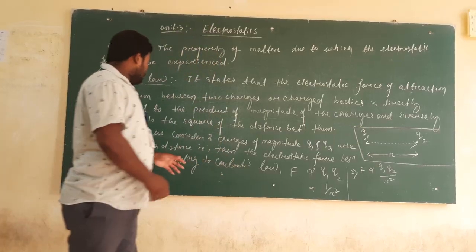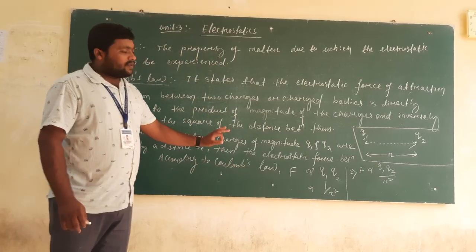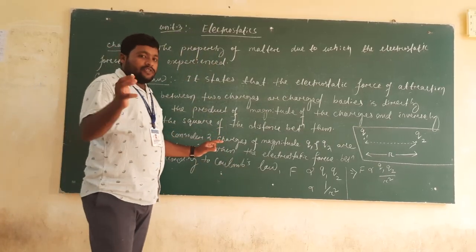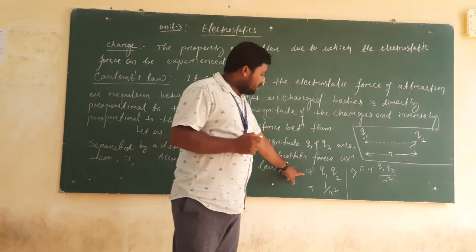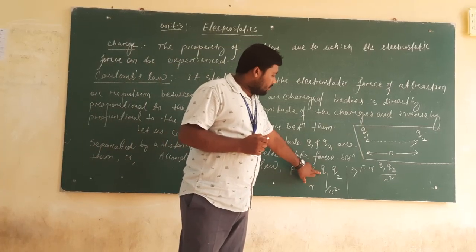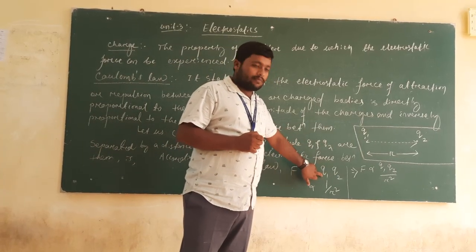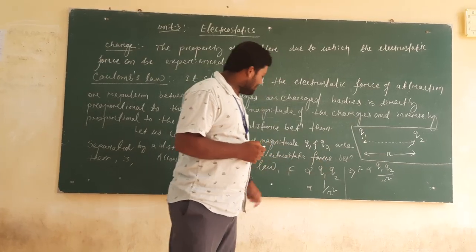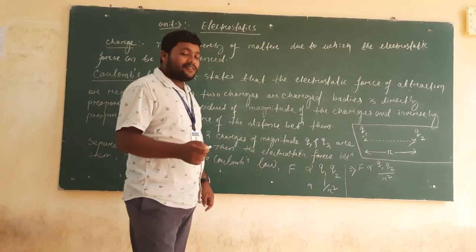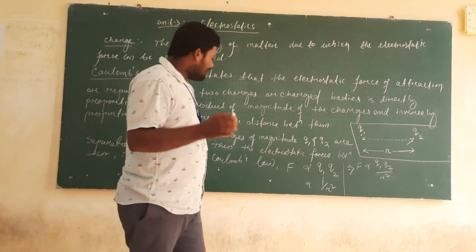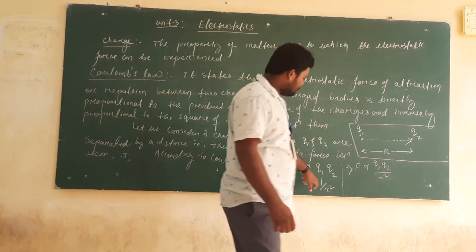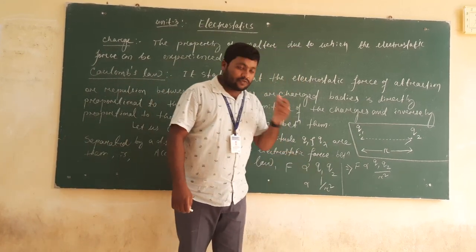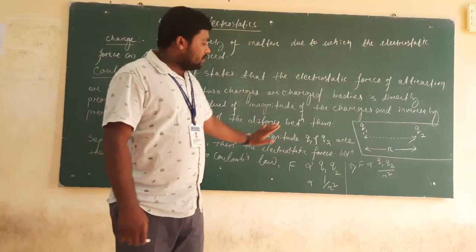Now, according to Coulomb's law, the force of attraction or repulsion between two charges is directly proportional to the product of their magnitudes, that means Q1 and Q2, and inversely proportional to the square of the distance between them, that means proportional to 1 by r square. Now we are combining the two things.